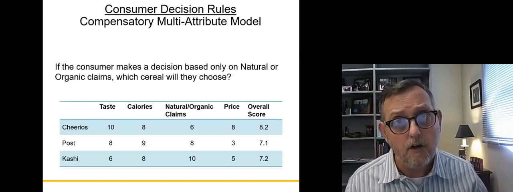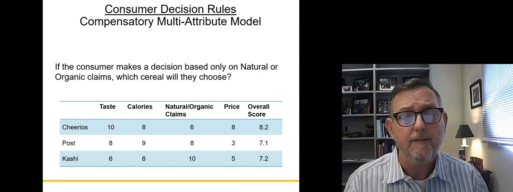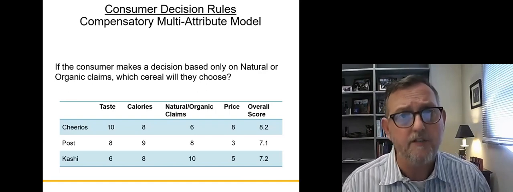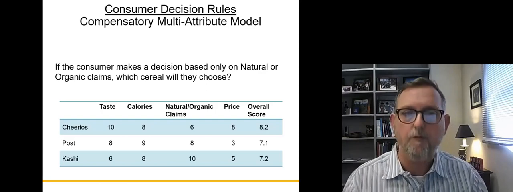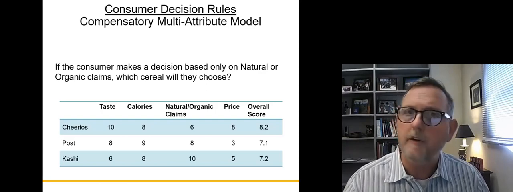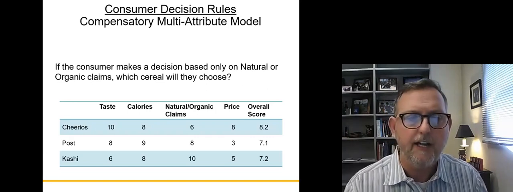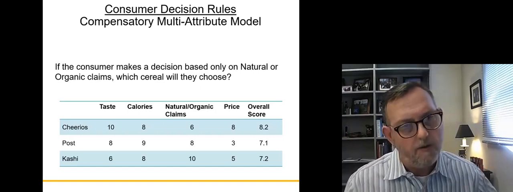Even though Cheerios scored higher overall, it actually scored the lowest in that category. And if that criteria was the most important to them, then they would compensate for the organic claim score, put more weight on it, and they'd likely choose Kashi as the option for that decision.